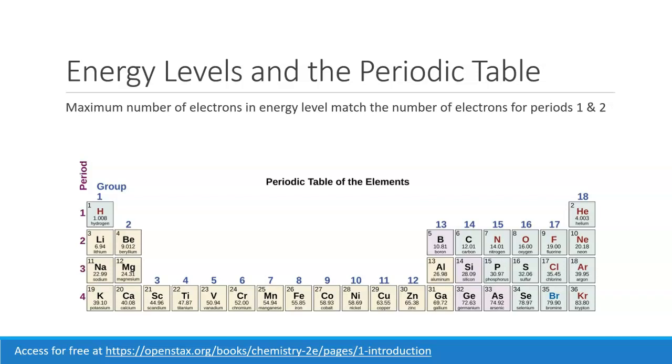While the maximum number of electrons in the energy levels and the connection to the periodic table may go beyond the scope of this class for the third and fourth energy levels, you can look at the first two.